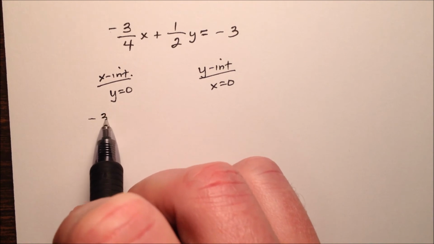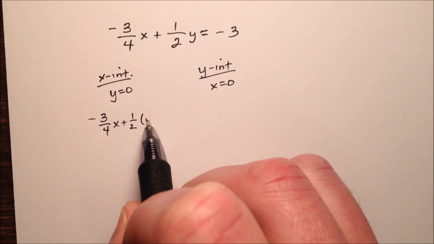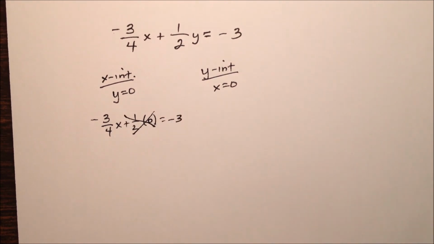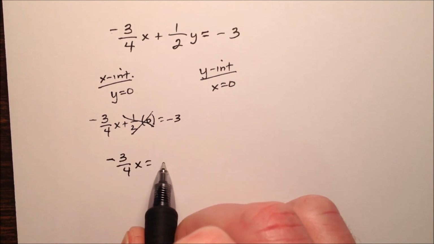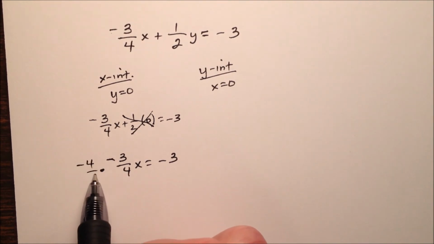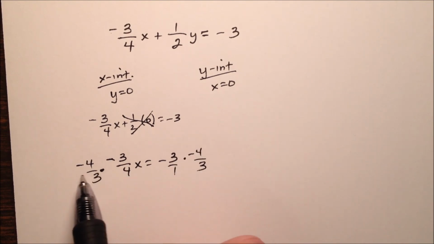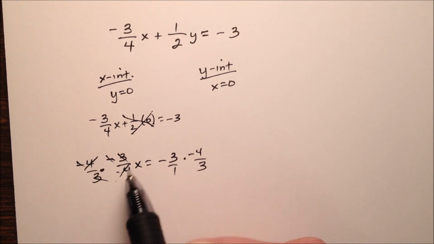So I have negative 3/4 x plus 1/2 y, but y is 0. So that cancels this out. So what I'm left with is negative 3/4 x equals negative 3. So I can isolate my x here by multiplying both sides by the reciprocal, negative 4/3, and I'll do so. So over here on the left side, the negatives cancel, the 4's cancel, the 3's cancel, right?